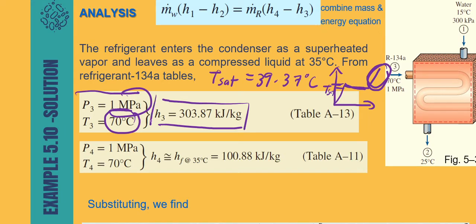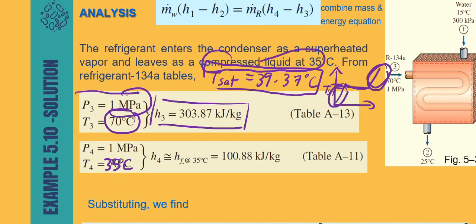And then similarly for the refrigerant outlet, state 4: P4 equal to 1 MPa, and T4 is 35 degrees C. At 1 MPa, the saturation temperature is 39, but now the temperature is 35, meaning that it exists as compressed liquid.